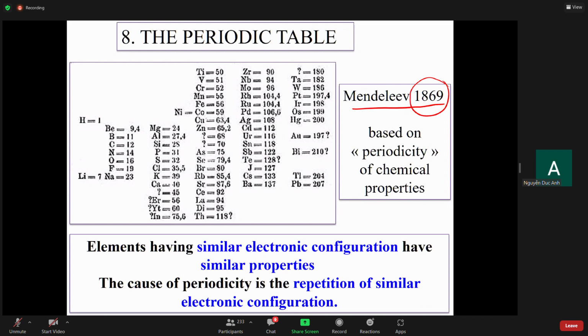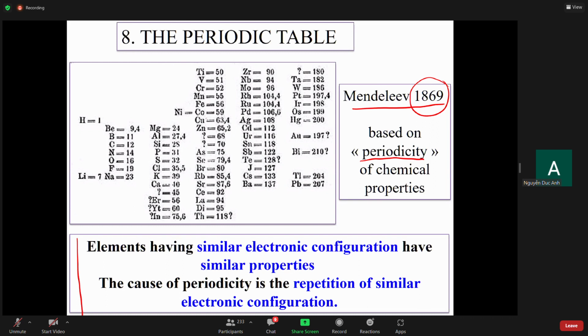Now people can determine that when elements have a similar electron configuration, they will have similar properties. The cause of periodicity, the circular repetition of the chemical properties of elements, is the repetition of the similar electron configuration.